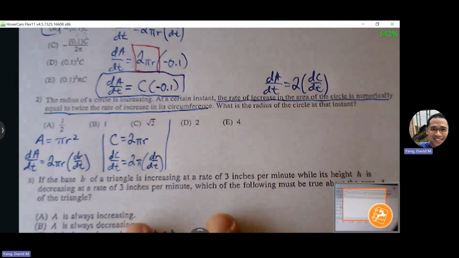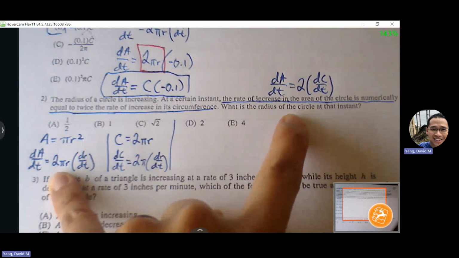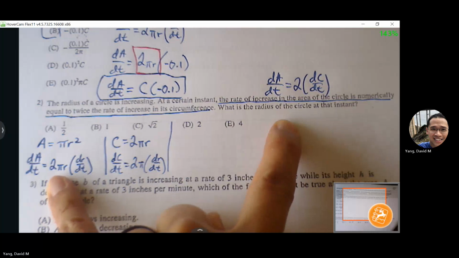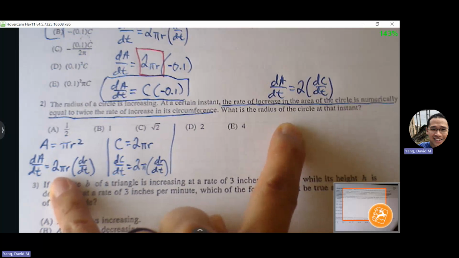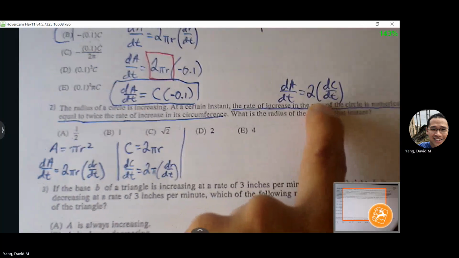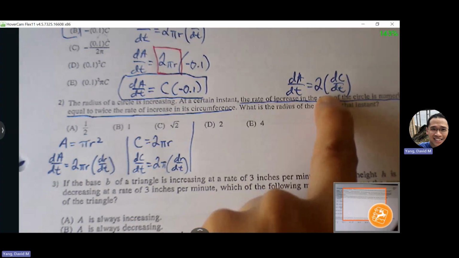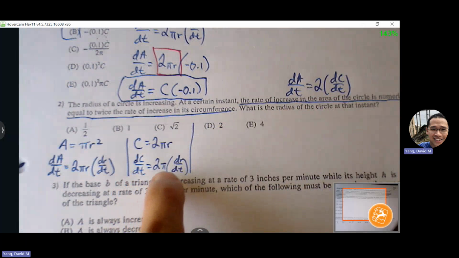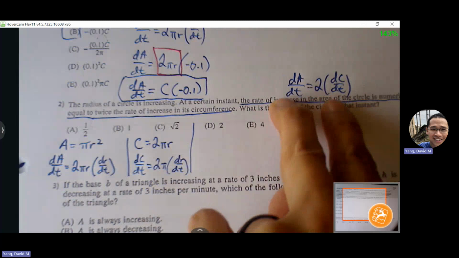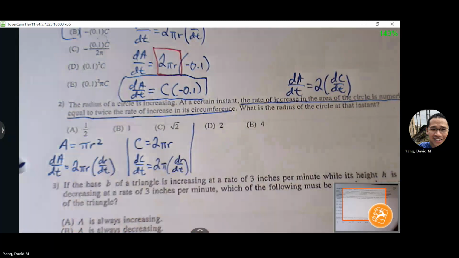So what is the radius? We just have to search for an equation that can help us cancel a bunch of things out. We know dA/dt is twice dC/dt. So I could set these equal to each other, or just replace dA/dt and dC/dt with expressions in r.